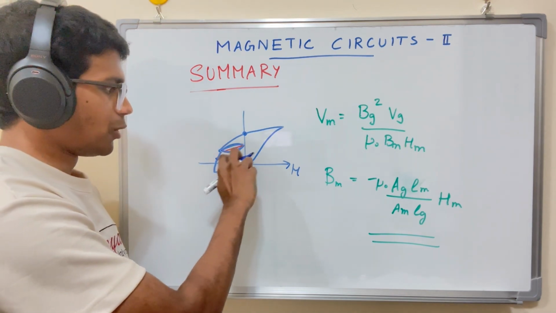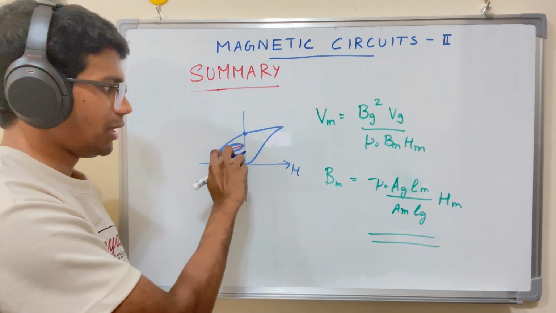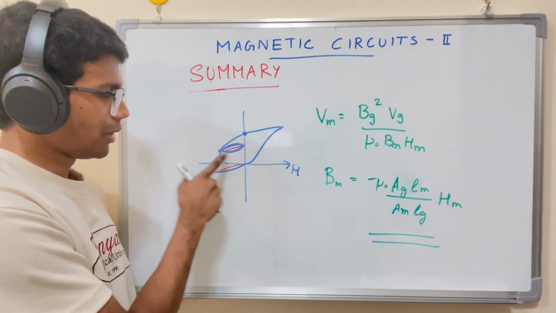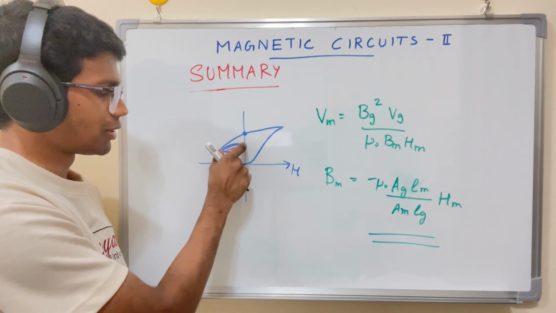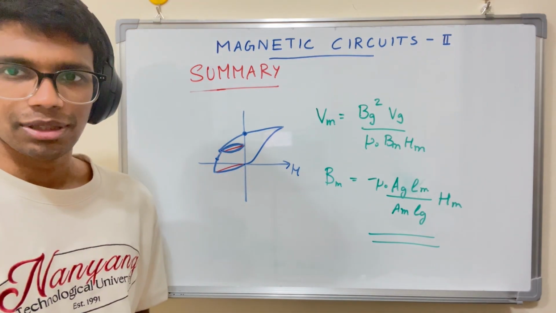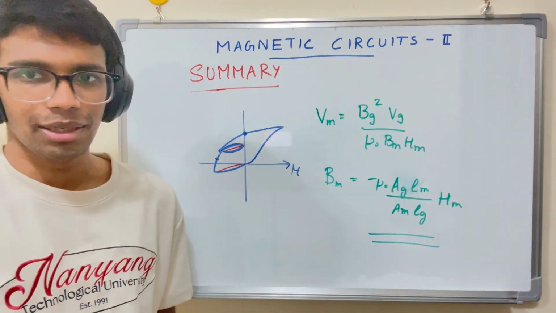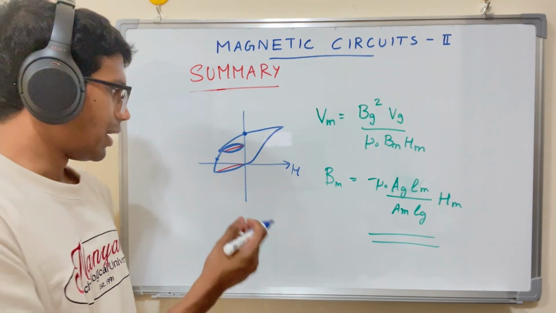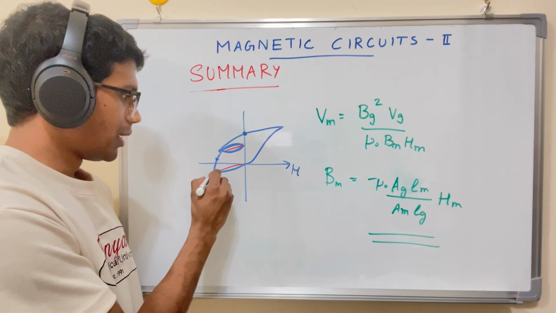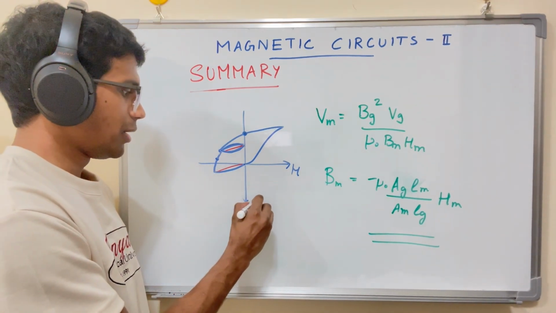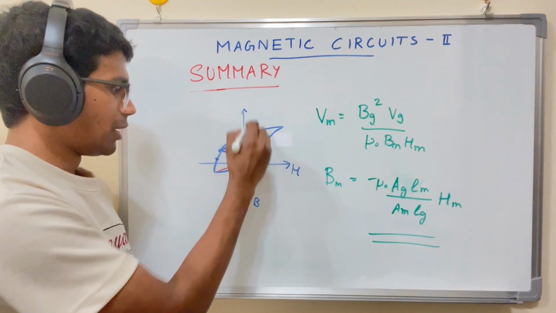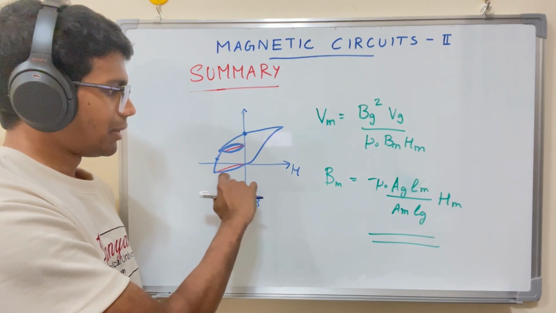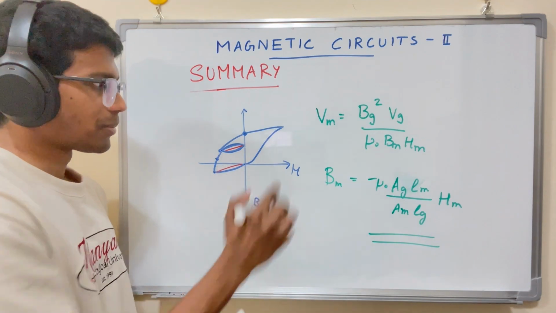Each minor loop has a shear line, which is the line connecting these two points, this particular point and this particular point, and the slope of these shear lines is always the same, which means that they're always parallel. So to completely demagnetize a permanent magnet, we have to bring down the B to less than 0 at a particular point, so that we could just bring it back to 0 based on the slope.